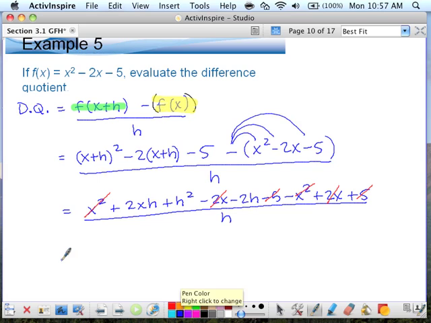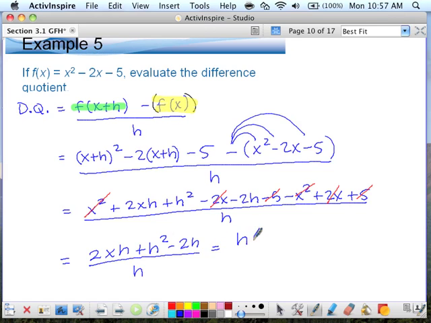Let's see. We have a 2xh plus h squared minus 2h, all divided by h. Do you see how every single thing that's left has an h in it? And that will allow you to factor an h out of the top. Always just factor an h, nothing else. 2x plus h minus 2, all over h.